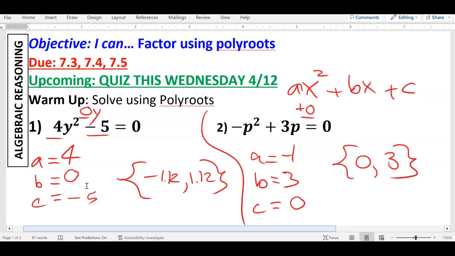You got to figure out what those fractions equal as a decimal. This is not your priority unless you finished 7.3, 7.4, and 7.5. Does everyone understand that? This is only after 7.3, 4, and 5. Cool. I said it like a couple times. All right, so I'm going to pass it out. Tomorrow we're going to review because we got a quiz on Wednesday. Here we go.